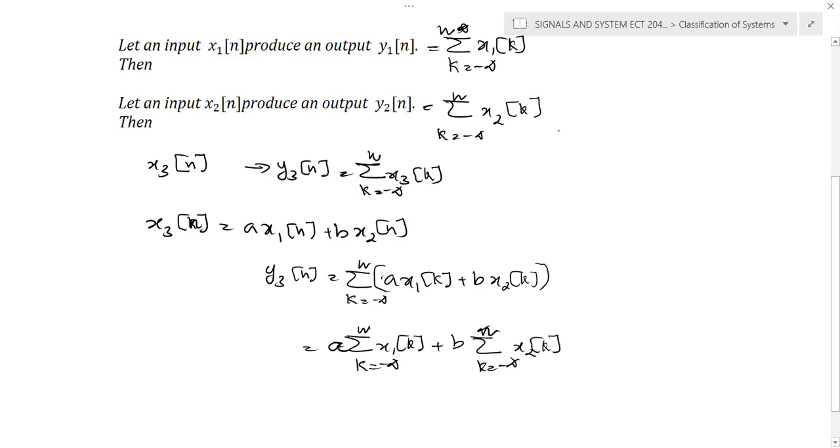And if you compare with the first two equations, this is simply y1 of n. We can write a y1 of n plus b y2 of n. So the given system can be written as a linear combination of outputs for the given linear combination of inputs. So the system is linear. You can conclude the given system is a linear system.